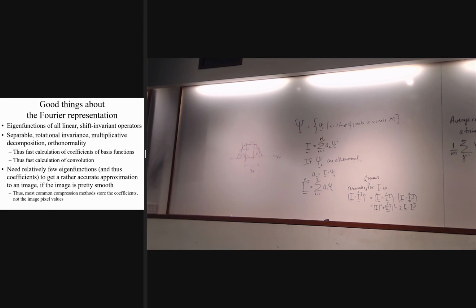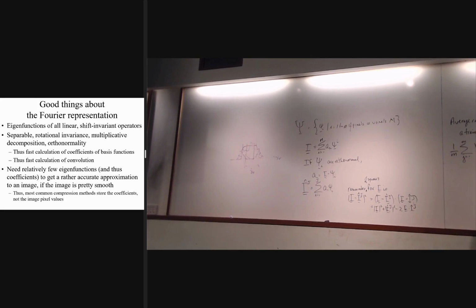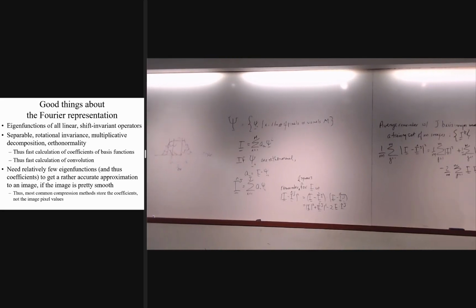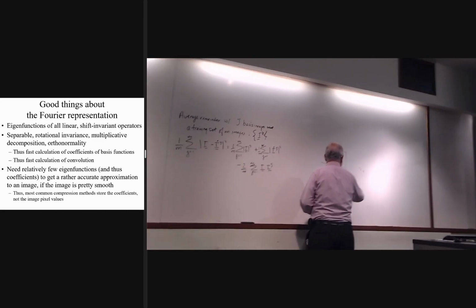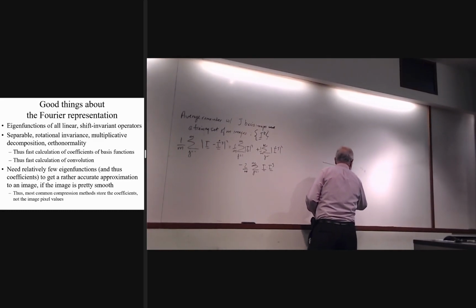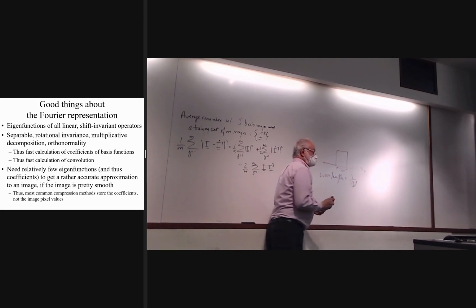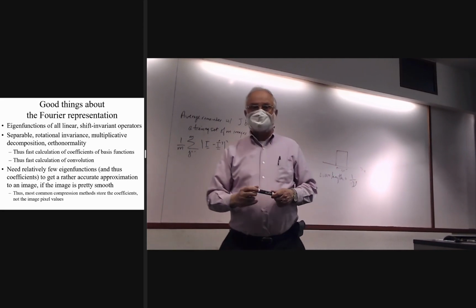We get darker pen, the black pen. Here it is. Wavelength is 1 over the frequency, right?